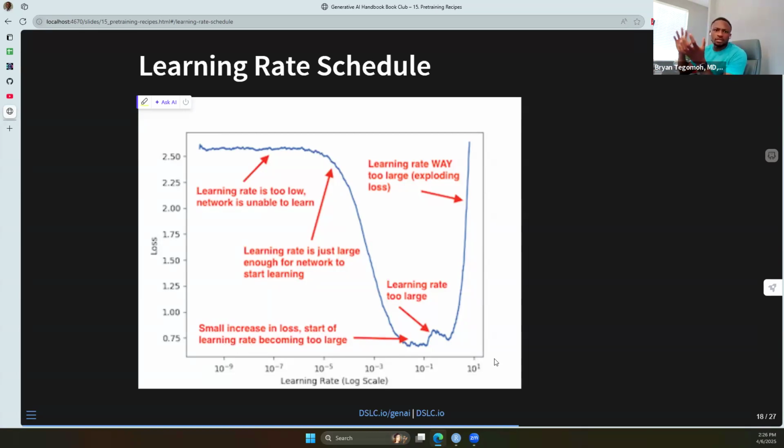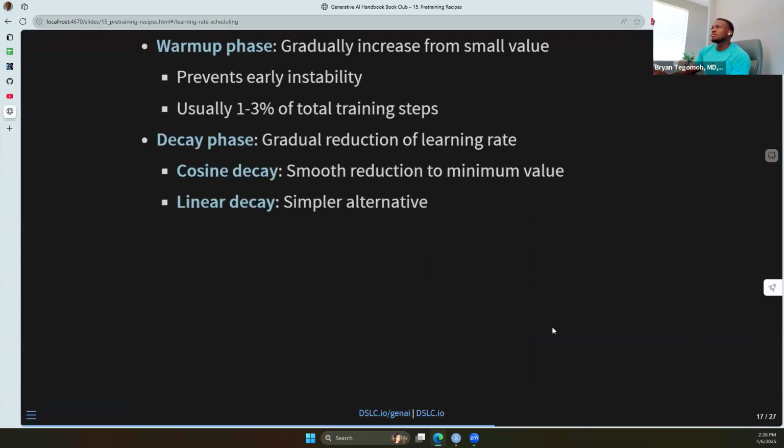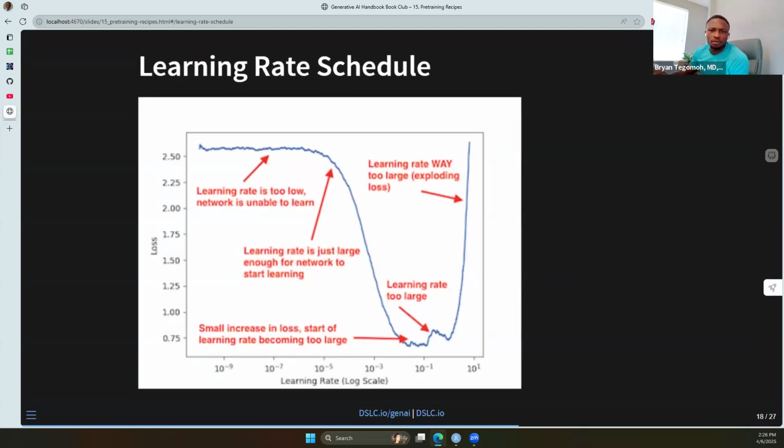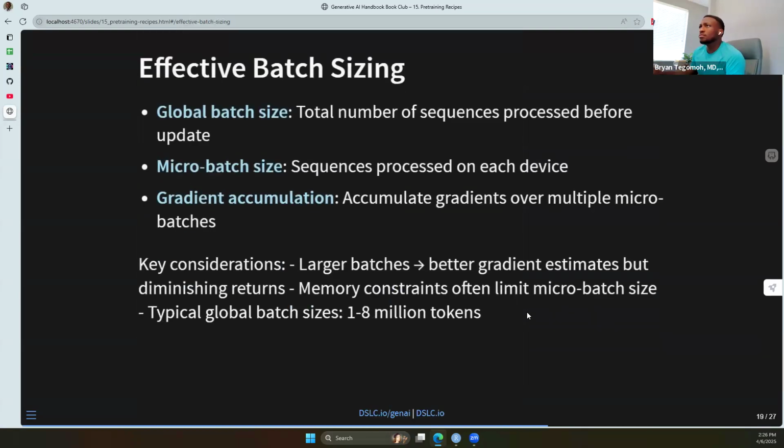The key takeaway here is to choose a learning rate that's neither too small nor too large, but that also ensures efficient and stable training of the model. It's not one size fits all, but we want one that is most optimal to keep loss as minimal as possible.